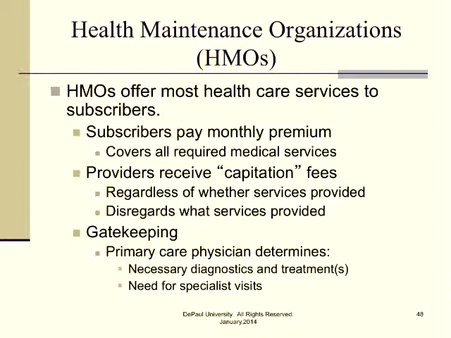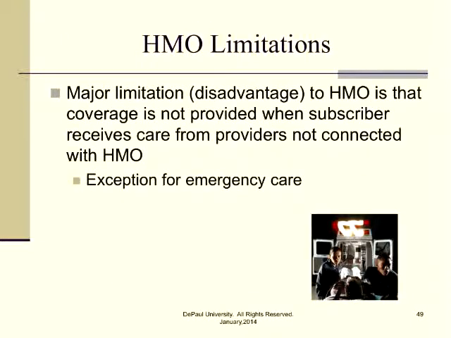Women under HMOs and under point of service plans and under some PPOs have a primary care physician, general physician, and a primary care OB/GYN, so they can get the exams they need on demand without going to a second step or stage of a doctor. One of the big limitations of HMOs is if you do a lot of traveling or you're not in the network, you may have no coverage.